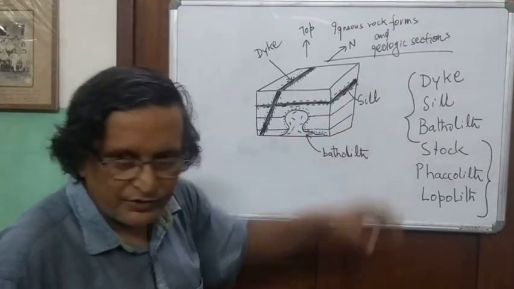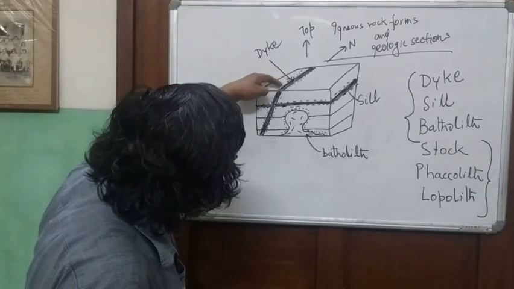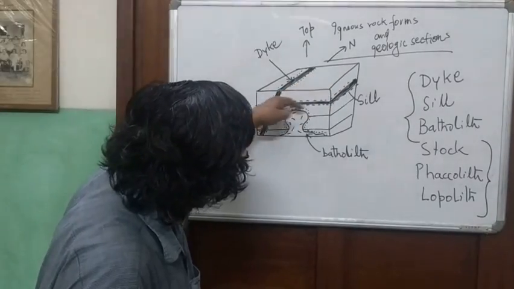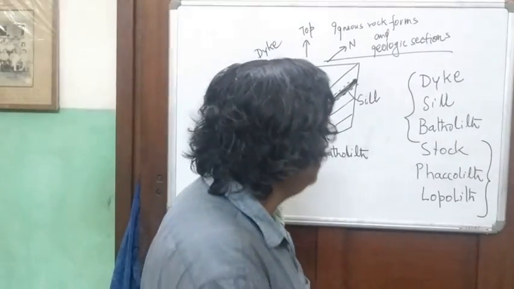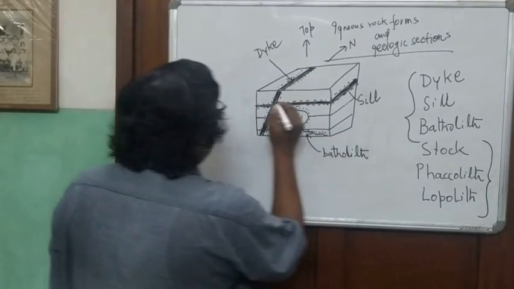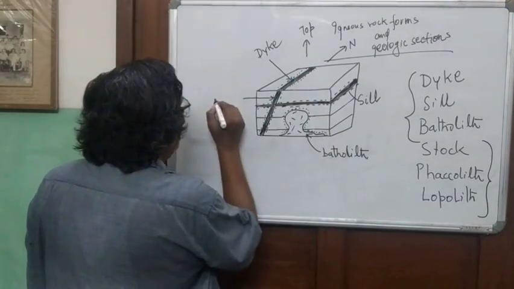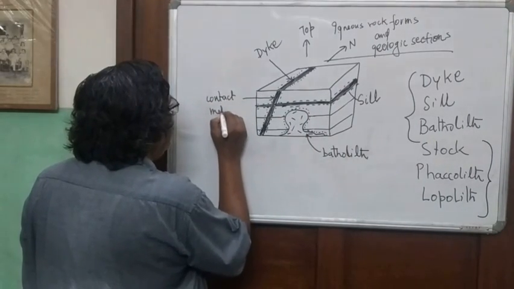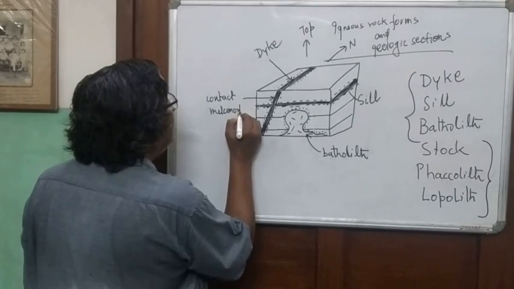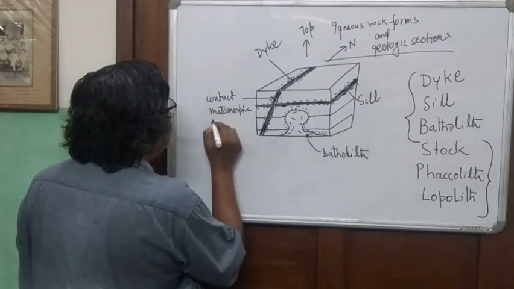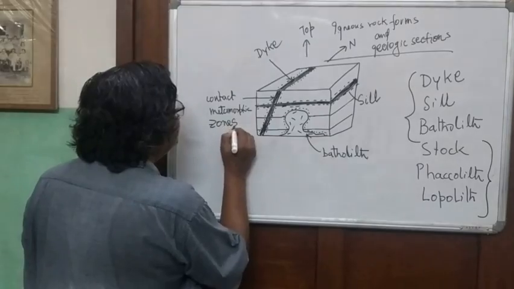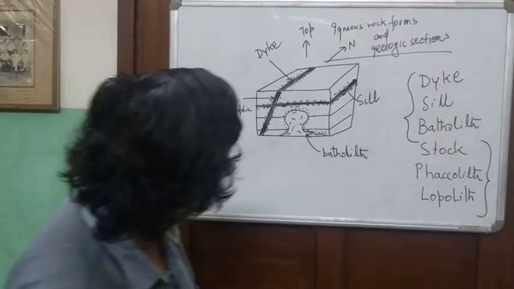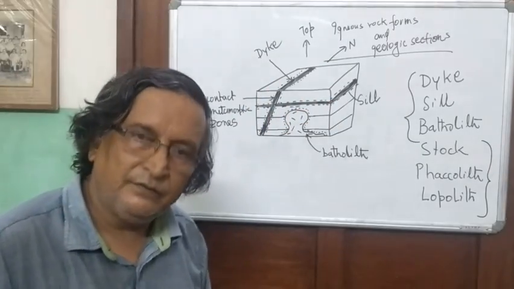Sedimentary rocks with horizontal layers. And on both sides, I have made some dots. This is called contact metamorphic zones. I will explain to you what it is. But first, what is a dike and what is a sill?